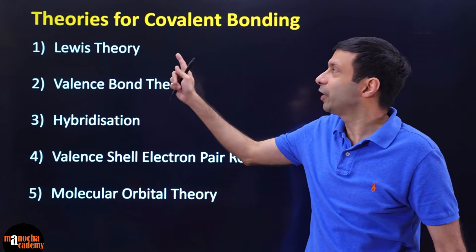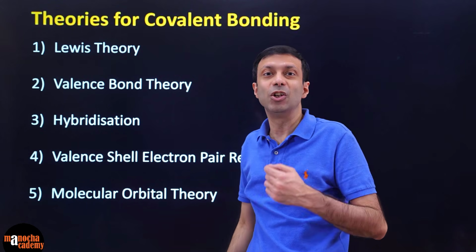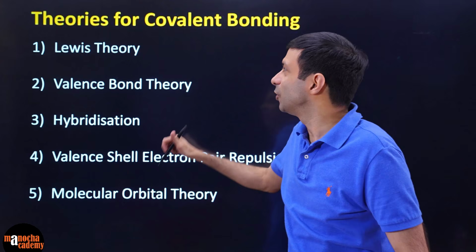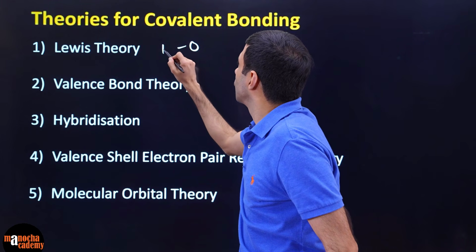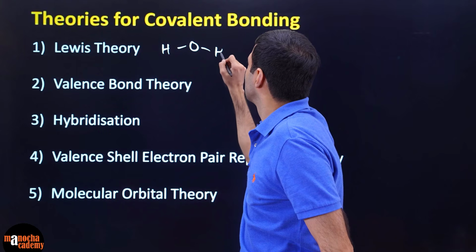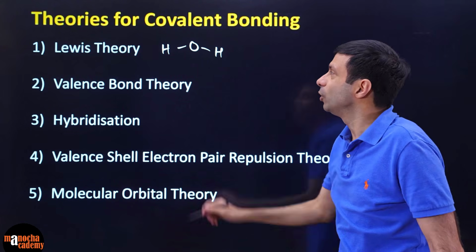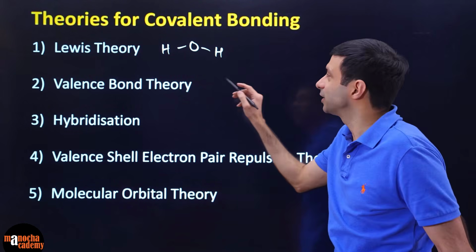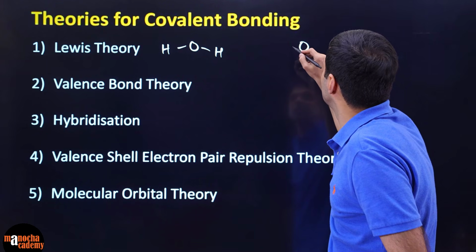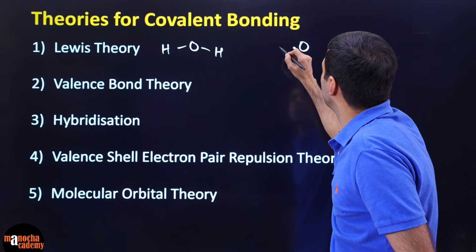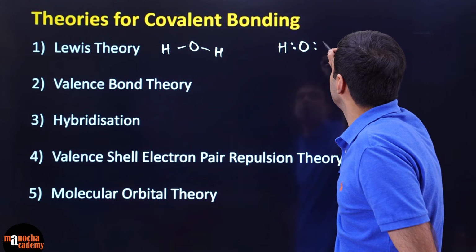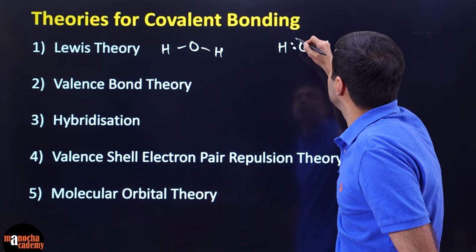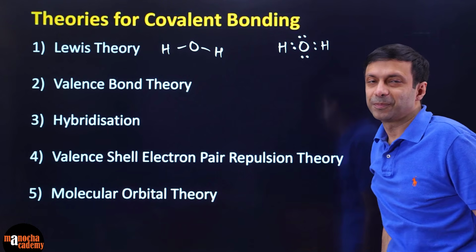Now remember, in the last video we talked about Lewis theory and the Lewis dot structure. So if you remember, we can draw the structure of the water molecule, for example. In the water molecule you have these two covalent bonds, and we represented it like this with the Lewis dot structure, where you have the sharing with hydrogen, one electron is shared, and then you have these lone pairs.